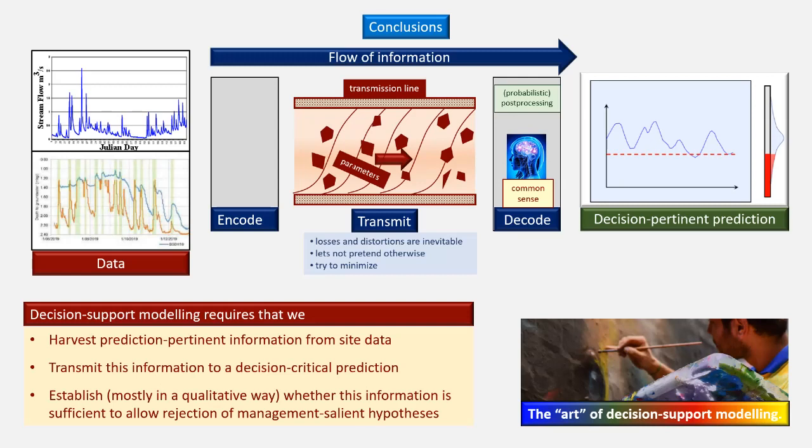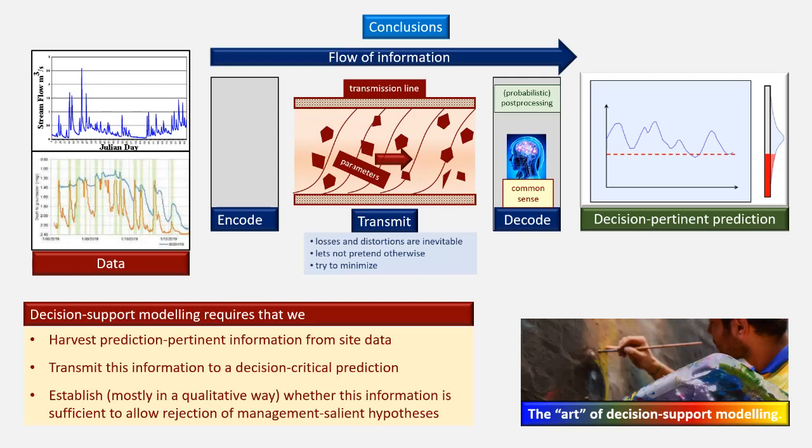Normally, as I have said, the transmission line will be comprised of a structurally simple, parametrically complex model. A model that can harvest and convey information and then present it in ways that a person can understand, because it's a person who has to make the decision.